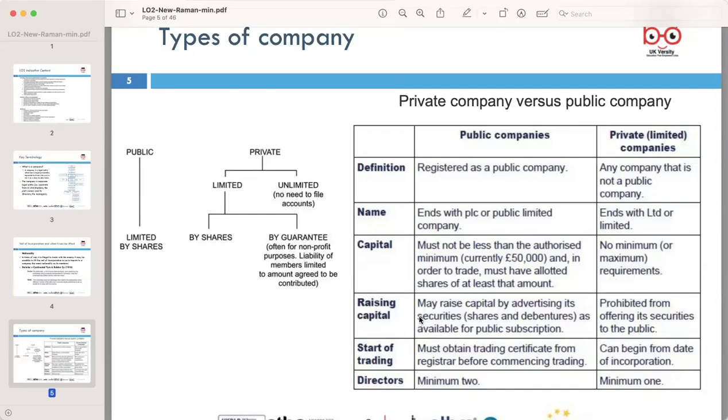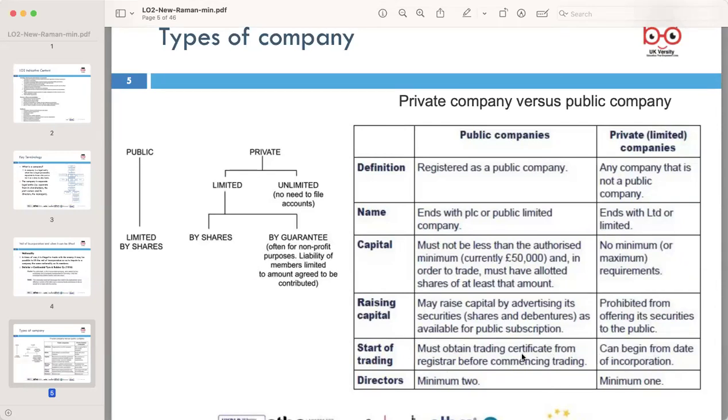Public companies may raise capital by advertising their securities, shares, and debentures as available for public subscription, but a private company is not allowed to offer its securities to the public. A public company must obtain a trading certificate from the registrar before commencing trading, whereas a private company can begin from the date of incorporation.